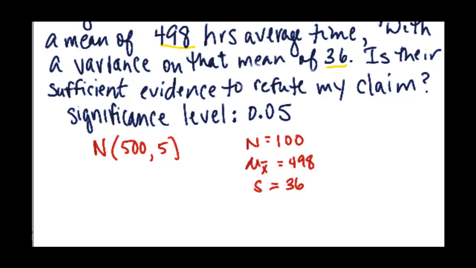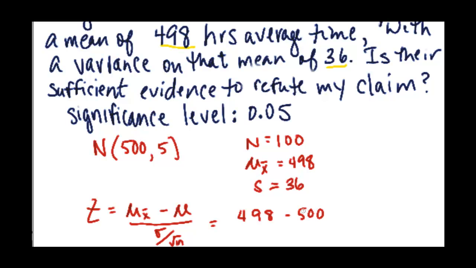So what we do is we look for the z-score first. Z is going to equal x bar minus mu over sigma sub m. I don't like to mess things up, I just go ahead and plug in. So we have 498 minus 500. Now, which sigma do we use? Do we use the standard deviation of the population, or of the mean?